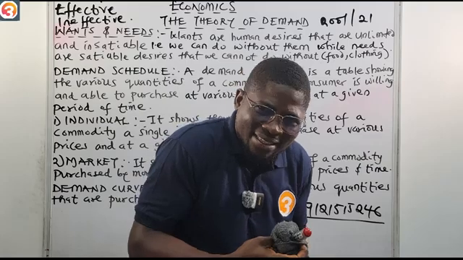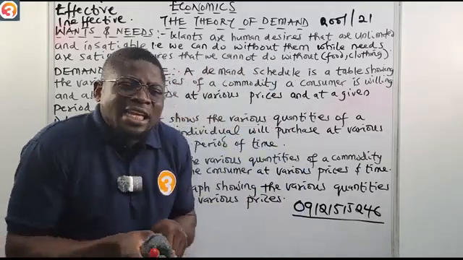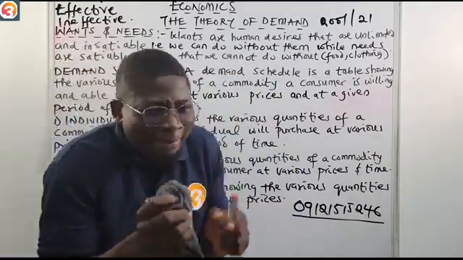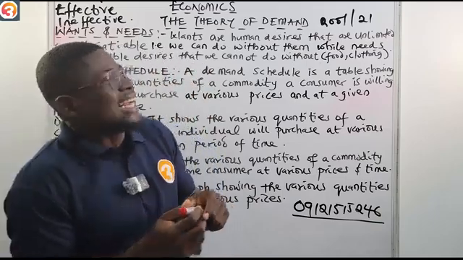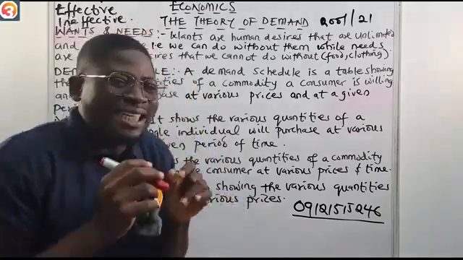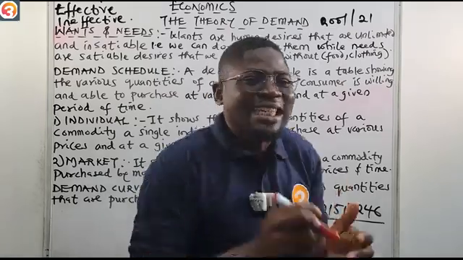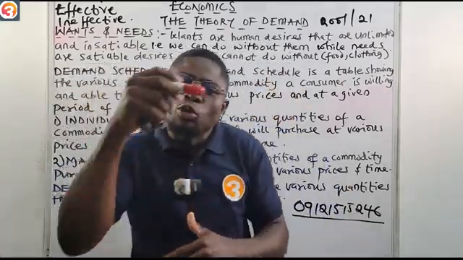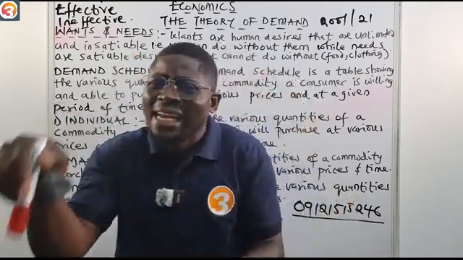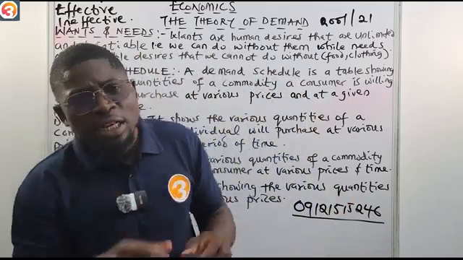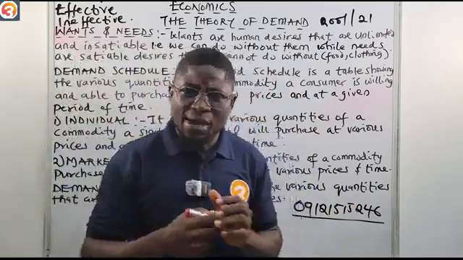Effective demand means that the consumer is not only willing but is able to purchase a commodity. That is effective demand. We say demand is effective when the consumer is not only able but is willing to purchase a commodity at a given price.